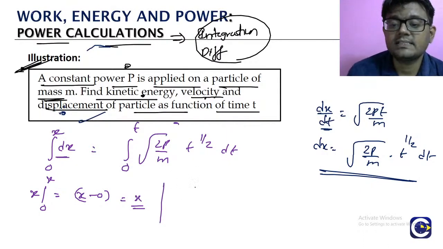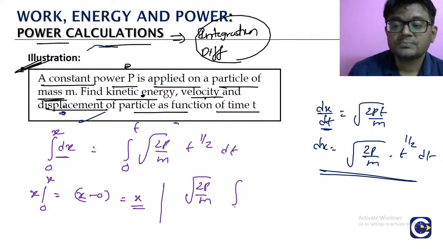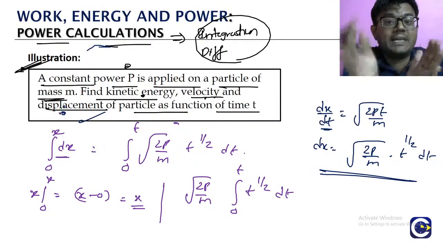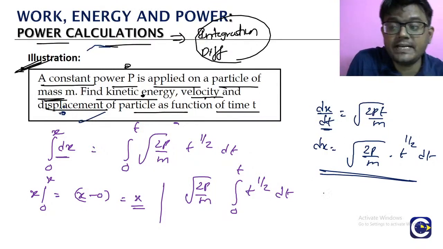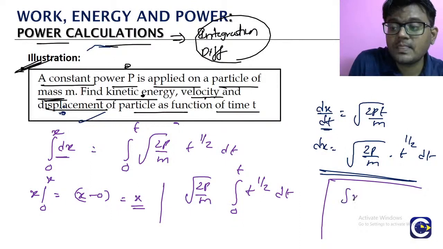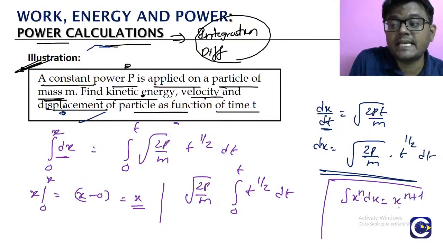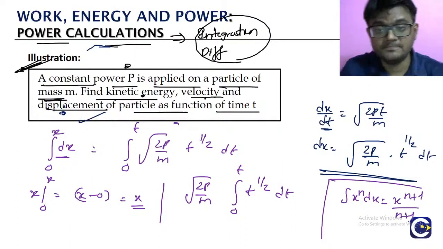Look at the RHS. Root 2p by m will come out since it is a constant. We have the integral from 0 to t of t power half dt. This is like the integral of x power n dx. What is the integral of x power n dx? These are standard integrals. It is x power n plus 1 by n plus 1.